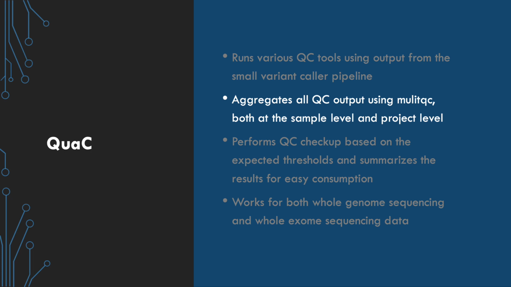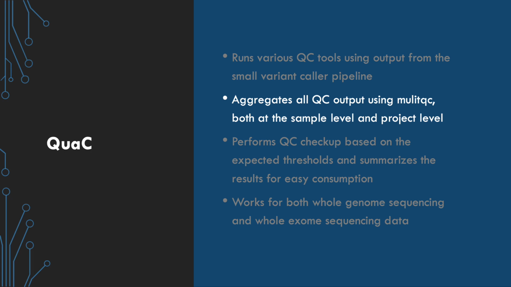After running the several QC tools, QuaC aggregates all the QC output from multiple tools in a MultiQC HTML report. It does this both at the sample level as well as the project level.